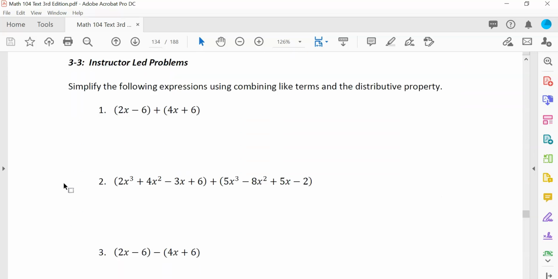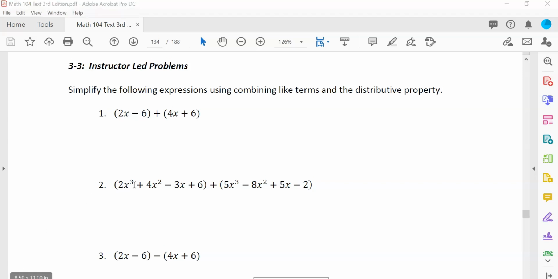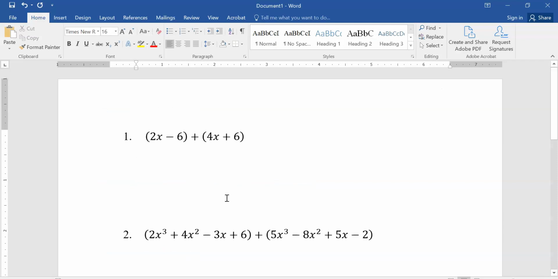So what we're going to do is look at some instructor-led problems right now of how to add and subtract polynomials. Okay, so let's start with the basic principle here. We have 2x minus 6 plus 4x plus 6. Now, what you should do when you look at a problem like this and you want to simplify is ask yourself which are like terms.